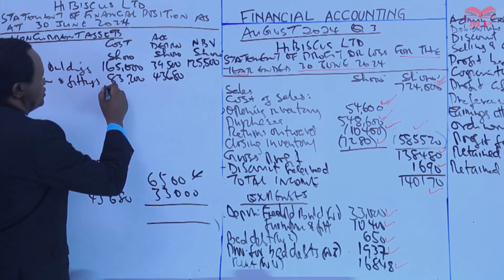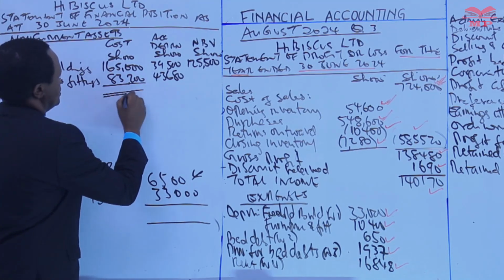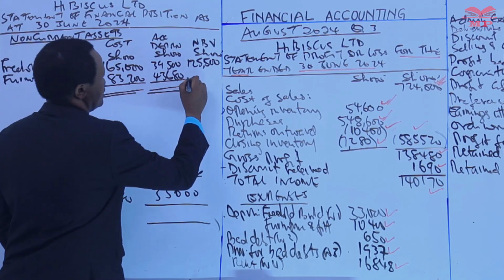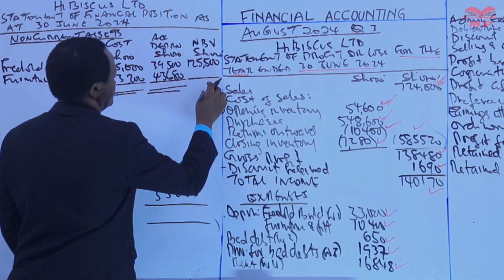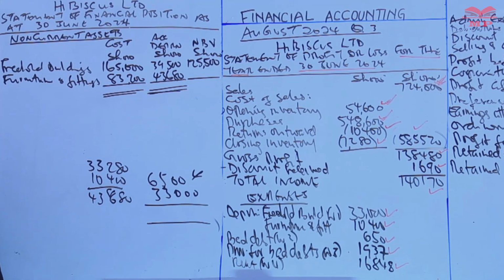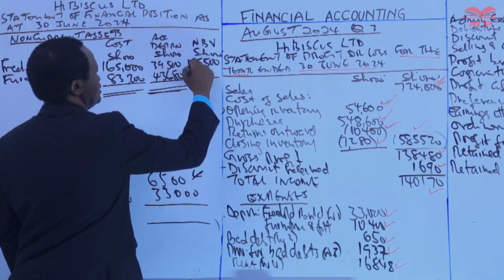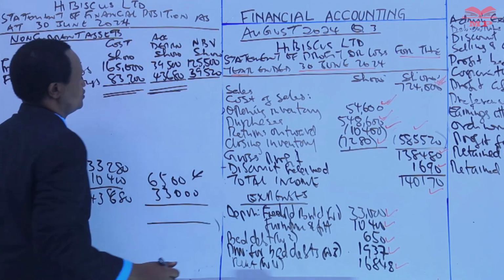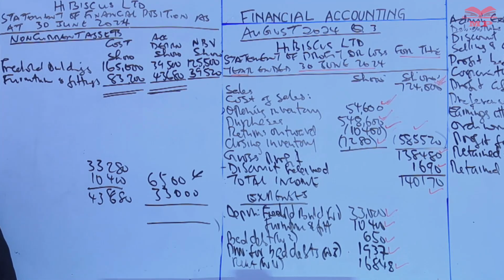So do this total, close it. Give me the figure there, then the total, don't close it. 39,520. Total net book value 165,020.